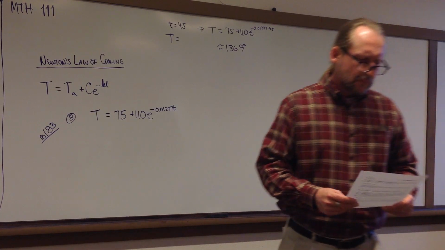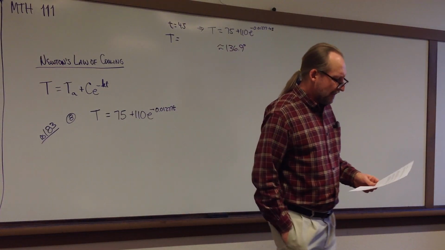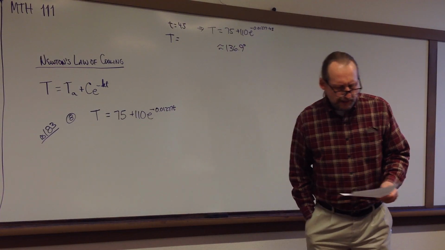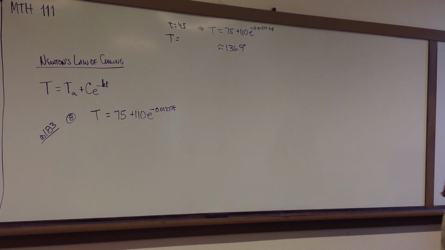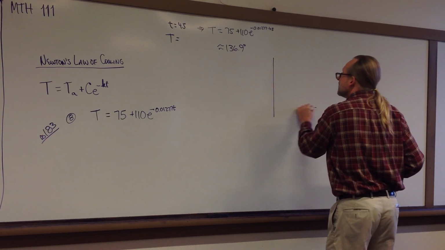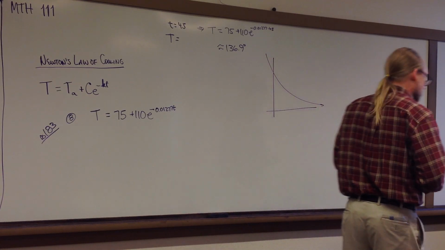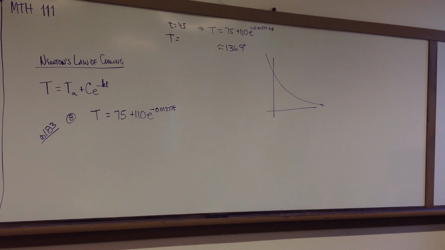Part 2, like I said, is a little bit different. Again, this is about anesthesia, but it is a similar graph. It's still this negative exponential tail that looks something like this.